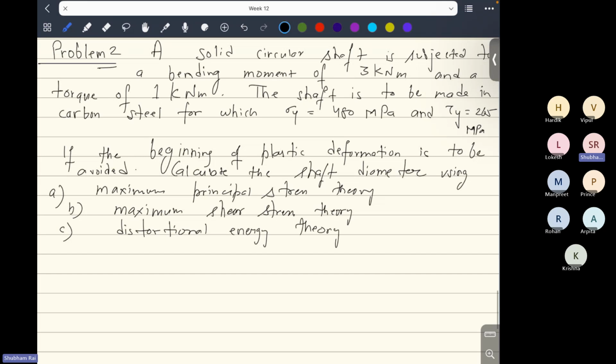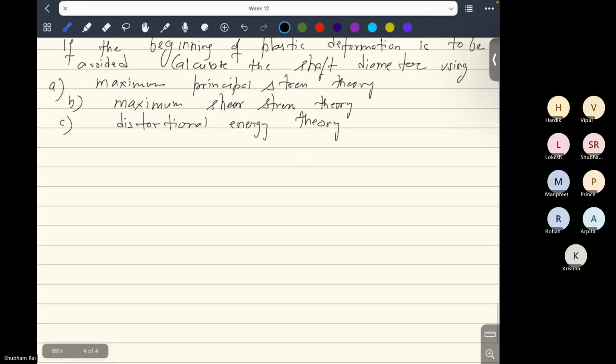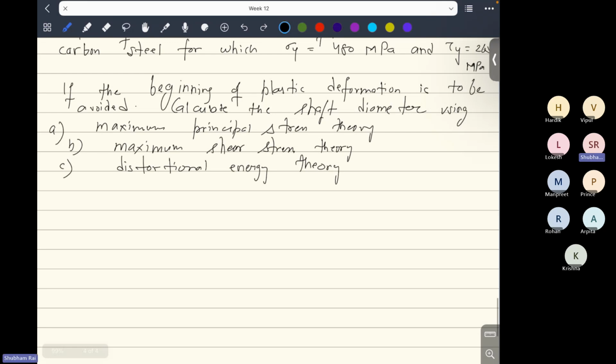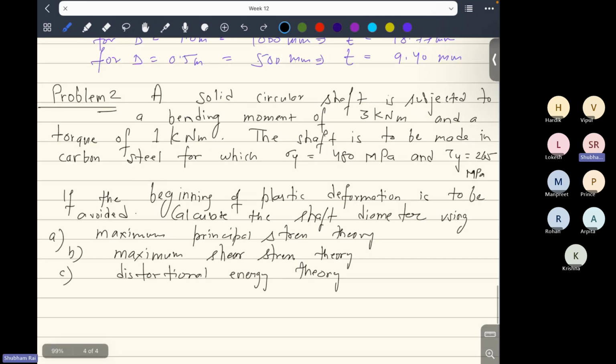Okay, so let me draw the shaft. Here you have a solid circular shaft. It is subjected to bending moment and torque both.